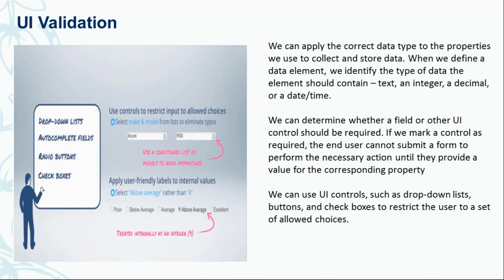So Pega first provides validation from the type. We cannot enter any text in an integer field, and we cannot give a wrong value into the date time field. That is taken care of internally by Pega.